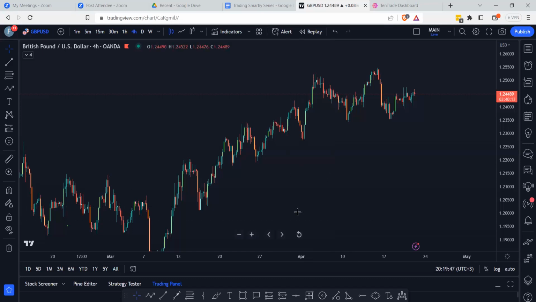Let me do a bit of a poll right now because I'm seeing some new faces here. If you already have MetaTrader 5 installed on your phone or on your laptop, type in yes in the chat box. If you've not installed MT5 on your phone or laptop, type in not yet in the chat box.